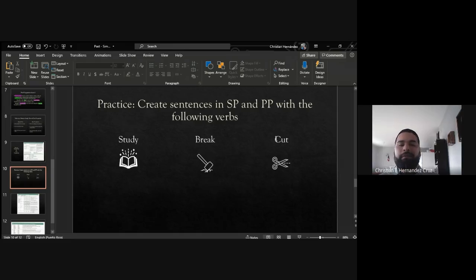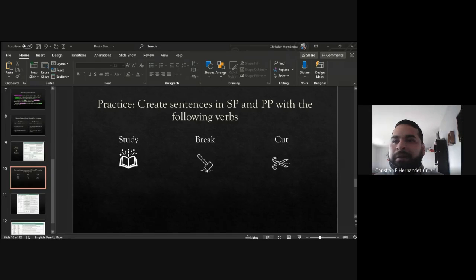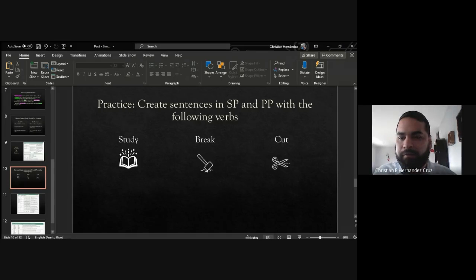Same thing with break, same thing with cut. Okay? I'm going to write it in the chat so you can see it. Study, break, cut.